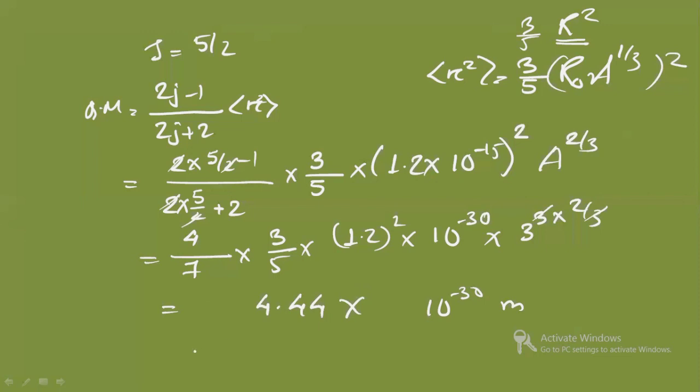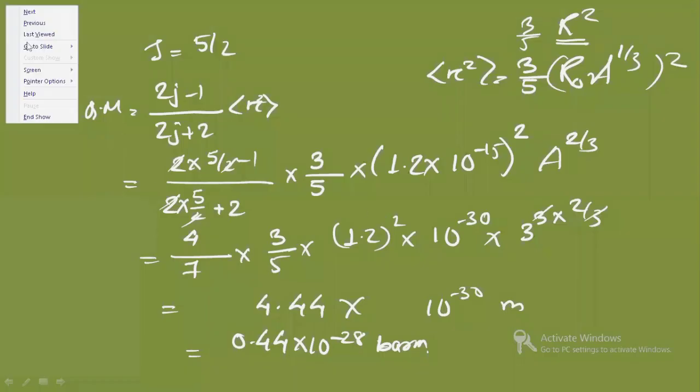Now when you convert it into barn, you will get 0.44 into 10 to the power minus 28 barn. Okay. How will you get this? 1 barn is equal to 10 to the power minus 28 meter.